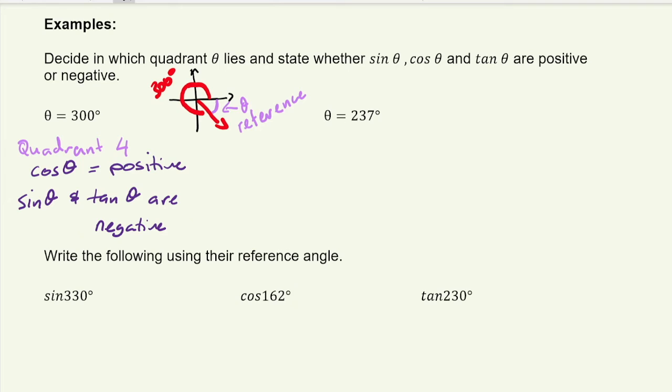Alright, again, let's whack out a little diagram of our coordinate plane. And let's look at 237. It is going to come all the way around here, thereabouts-ish, which means it's going to be in quadrant 3.